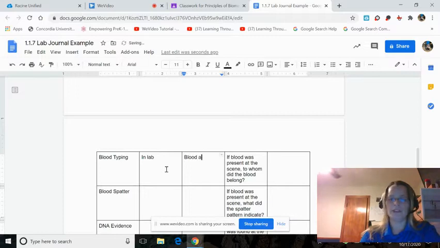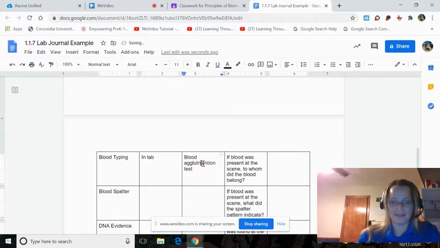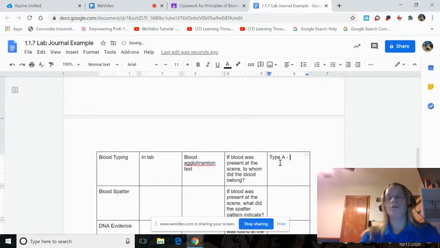Blood agglutination test, I think is the name of that. There we go. We found out that the blood was type A and could possibly have belonged to Ana, Eric, or Dominique, who were all type A.